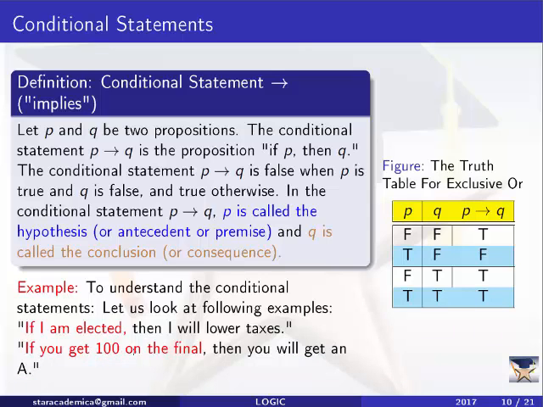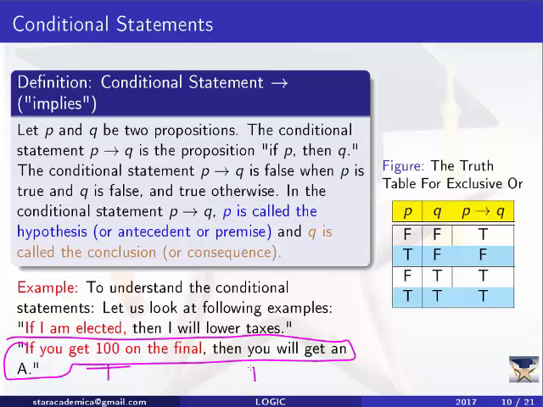The only case when this statement fails to be true is when the student gets 100, so that is true, but the teacher doesn't give him or her an A. Okay, so basically, if P is true and Q is false, then the result is false. Otherwise, it is true.